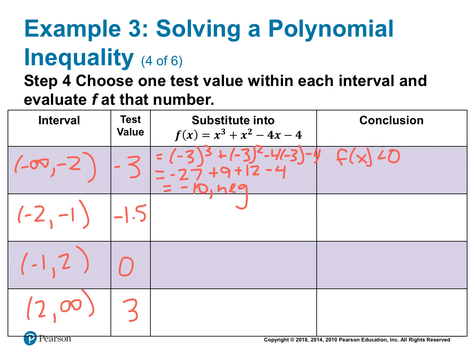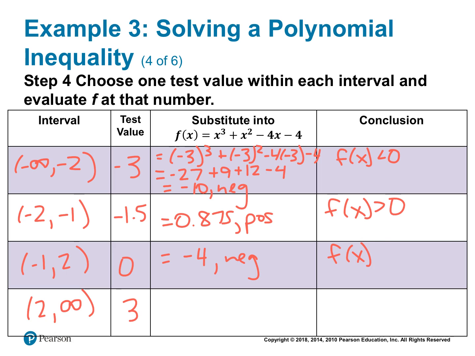Then I'll just tell you the next ones. This one you get 0.875, so that's positive, so f of x is greater than 0 there. This one you get -4, so it'd be less than 0. And this one you get +20, so that interval is greater.